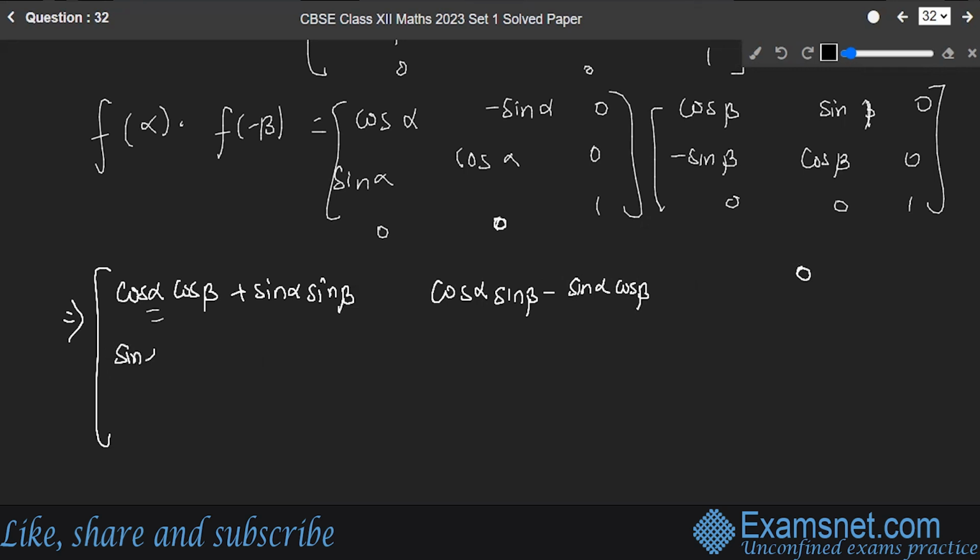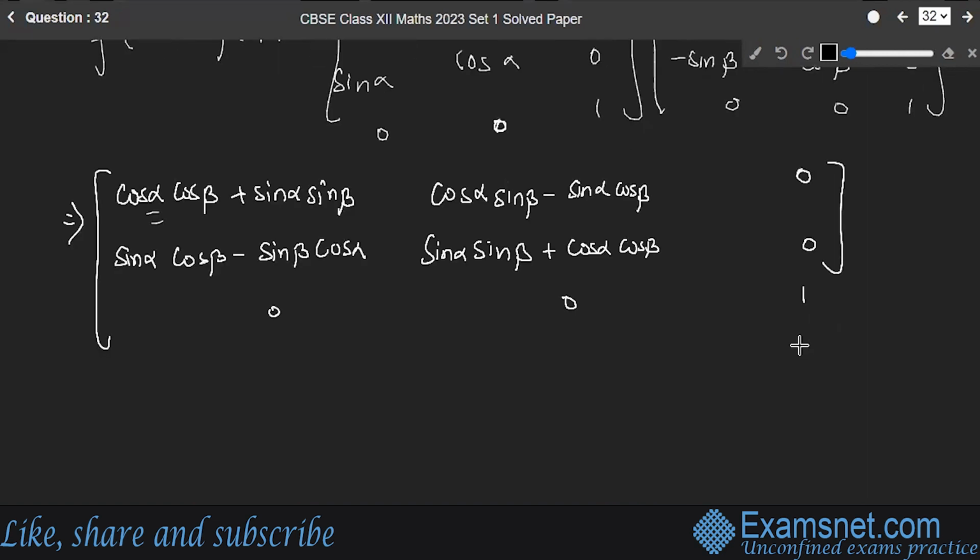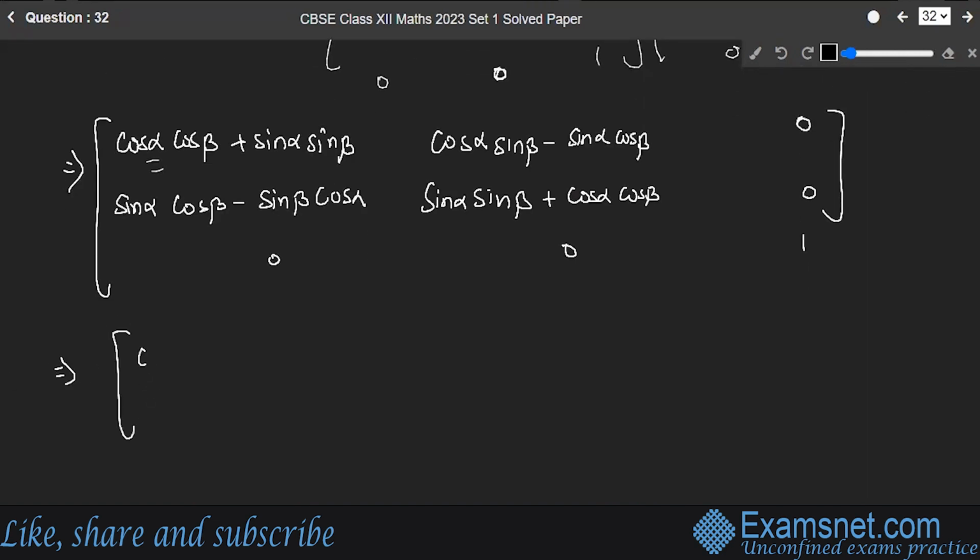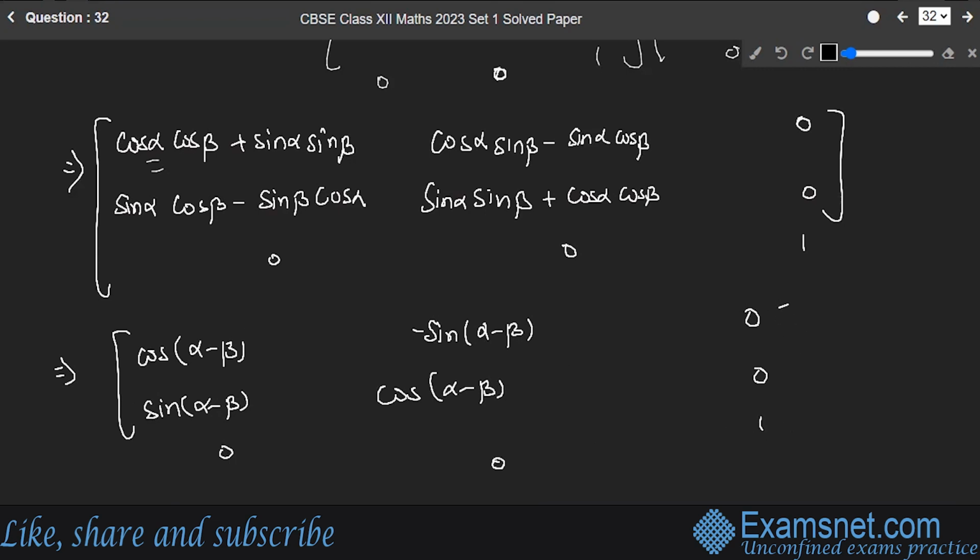This is sine alpha cos beta minus sine beta cos alpha, sine alpha sine beta plus cos alpha cos beta, 0, and here was 0, 0, 1. This is the formula for the first one, cos alpha minus beta. This is for sine, minus sine alpha minus beta, 0, and sine alpha minus beta, cos alpha minus beta, 0, 0, 0, 1.